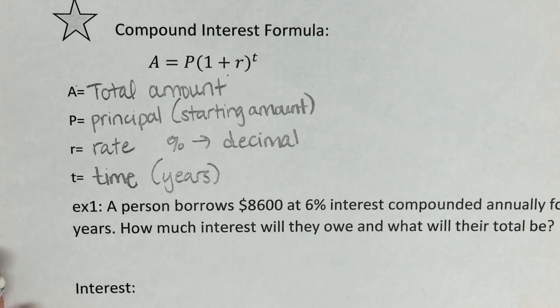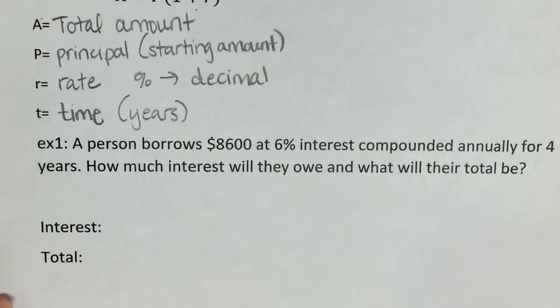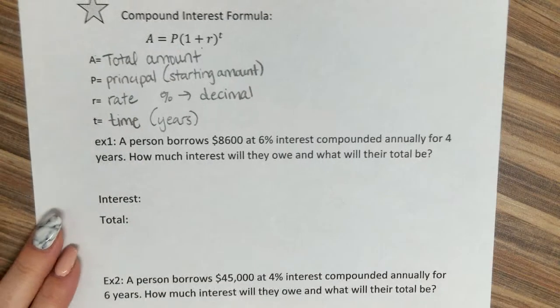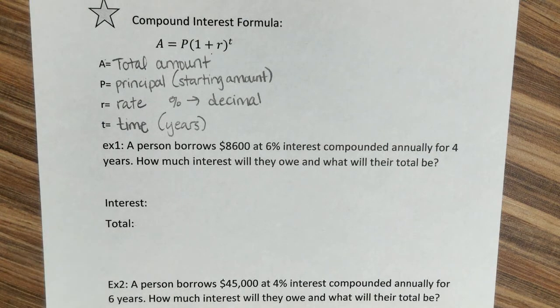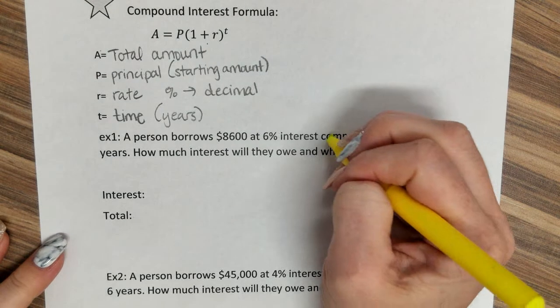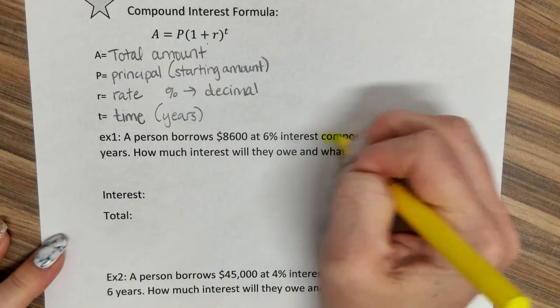Okay. Everybody look at example 1 and pay attention because you're going to do example 2 on your own. Example 1 says a person wants to borrow $8,600 at 6% interest, and then here's your clue word right here, compounded annually.